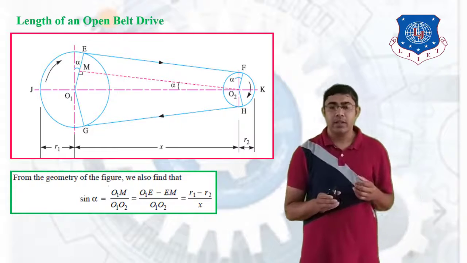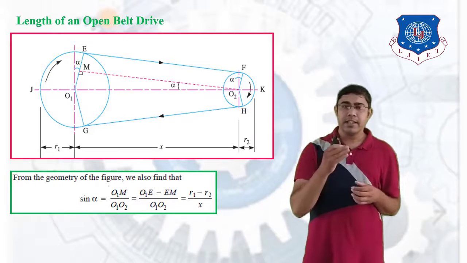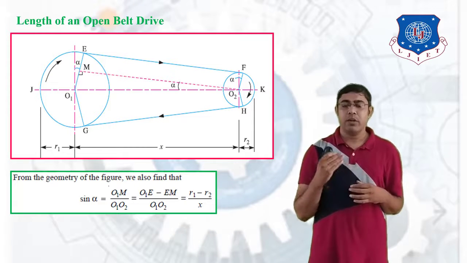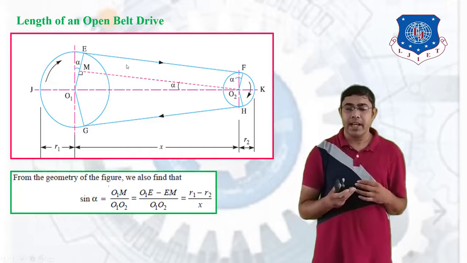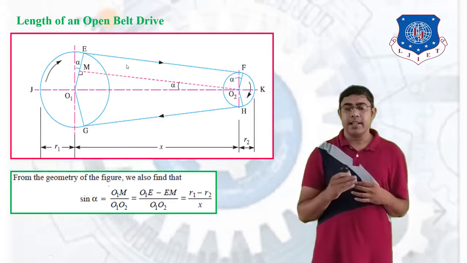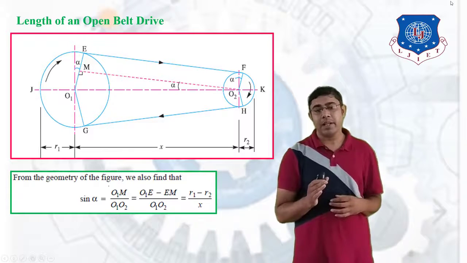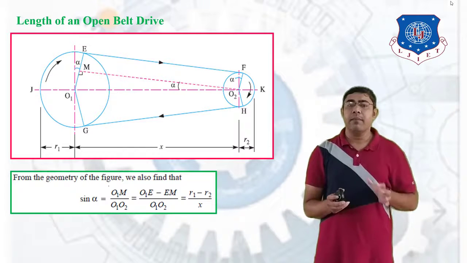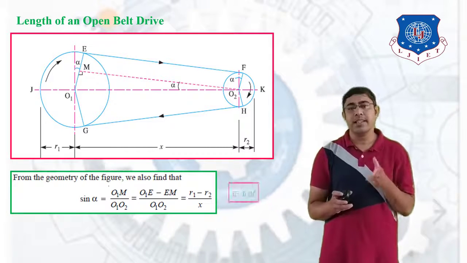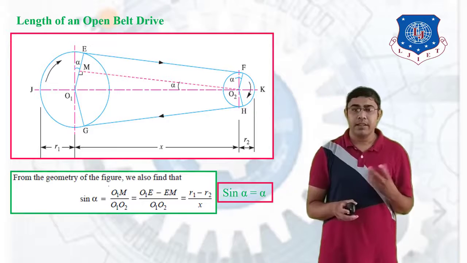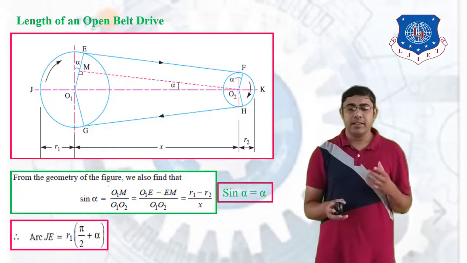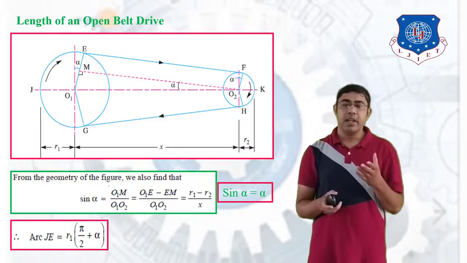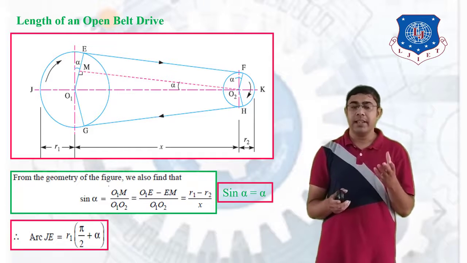O1M is nothing but R1 minus R2, and the O1O2 distance is X. So the final sin alpha becomes R1 minus R2 divided by X. Here the alpha value is very small, so we consider sin alpha equal to alpha in our case.